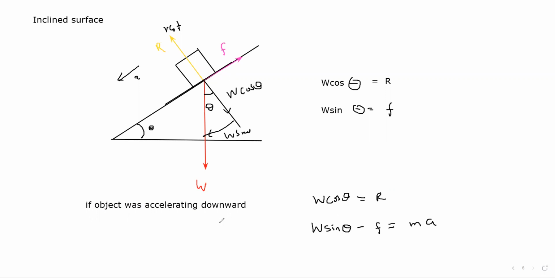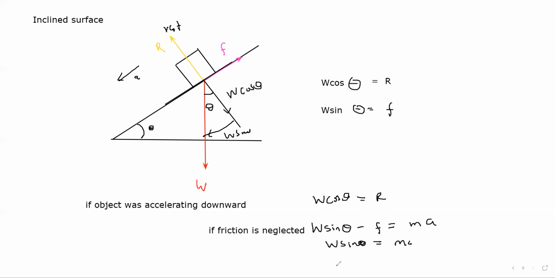If we neglect the friction, if friction is negligible, then the friction will be zero. So what we can say is W sin theta is equal to ma. And what is W?